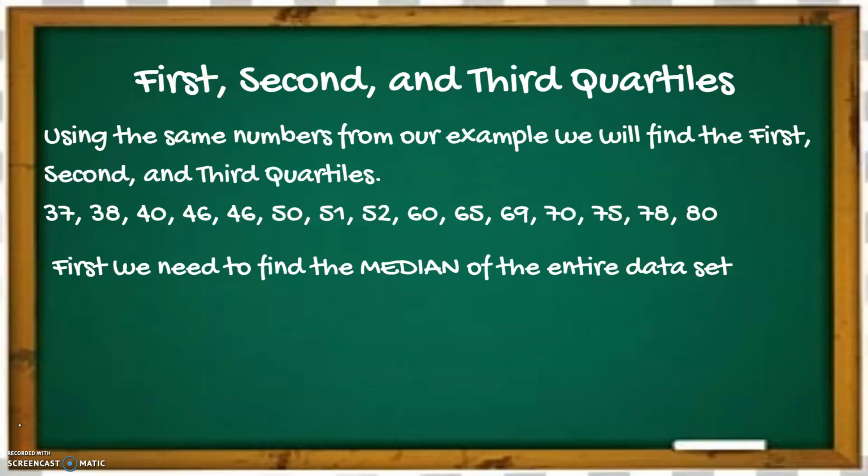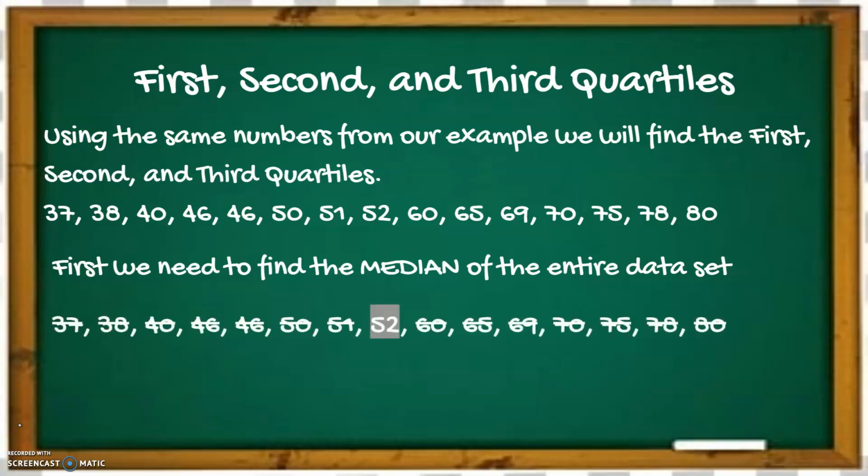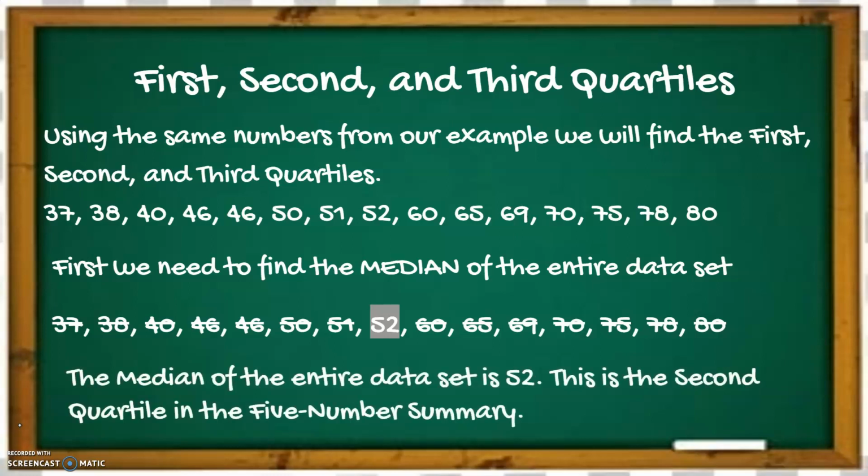You have to find the median first so that you can divide the data into 2 parts. And we'll talk about that in just a moment. So we find the median of our entire data set. In this case, it happens to be 52 is our median. So that will give us the second quartile. Okay, that is our second quartile. So the median of the entire data set is 52, and this is the second quartile in the 5-number summary.